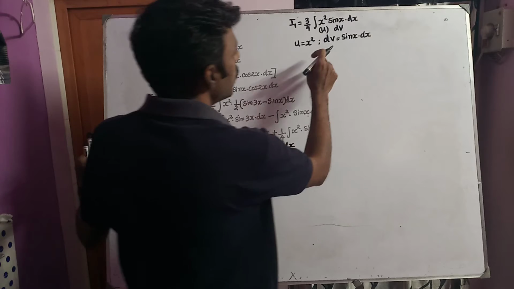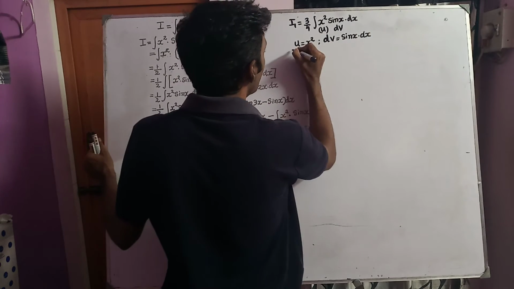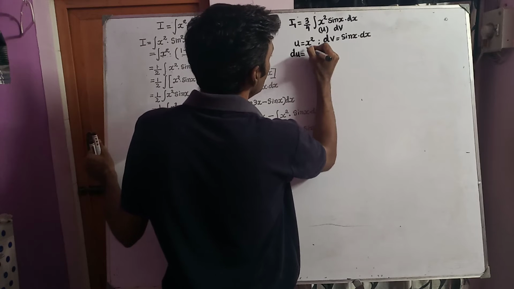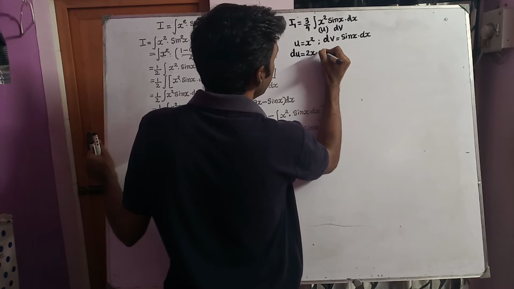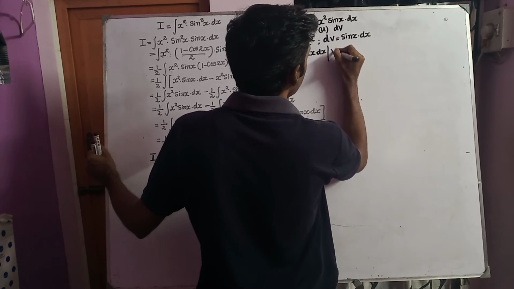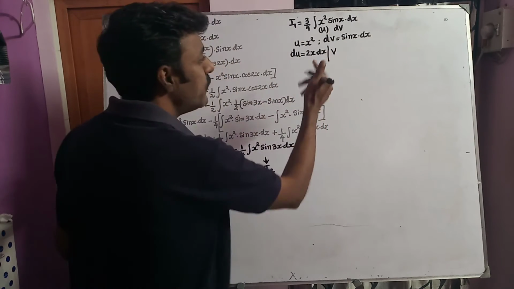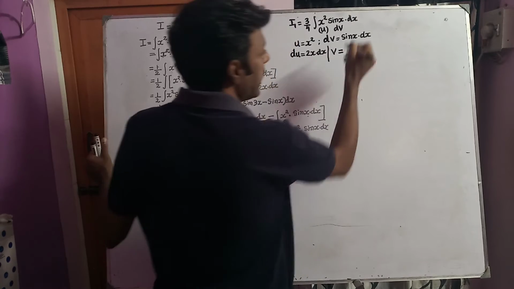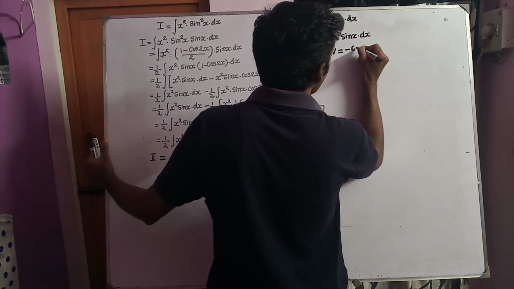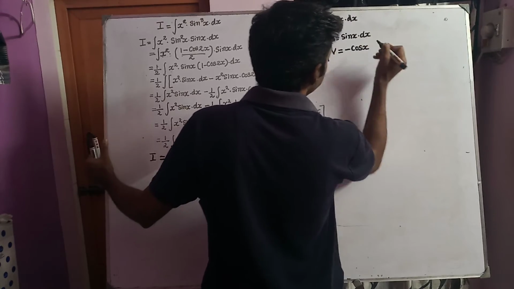Upon differentiation, du equals 2x into dx. Upon integration, dv gives v: the integral of sine x into dx is nothing but minus cos x.